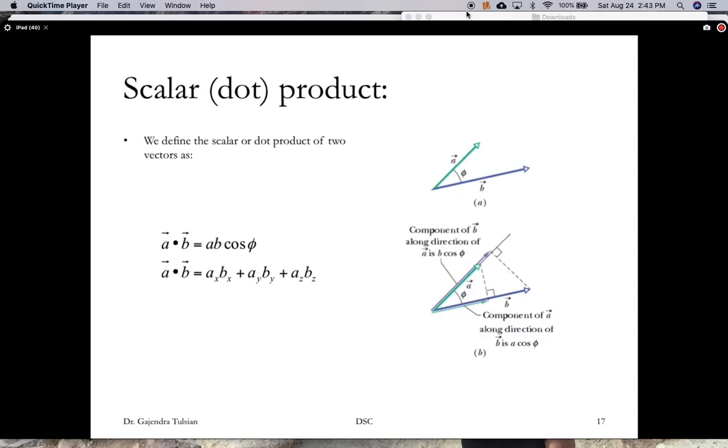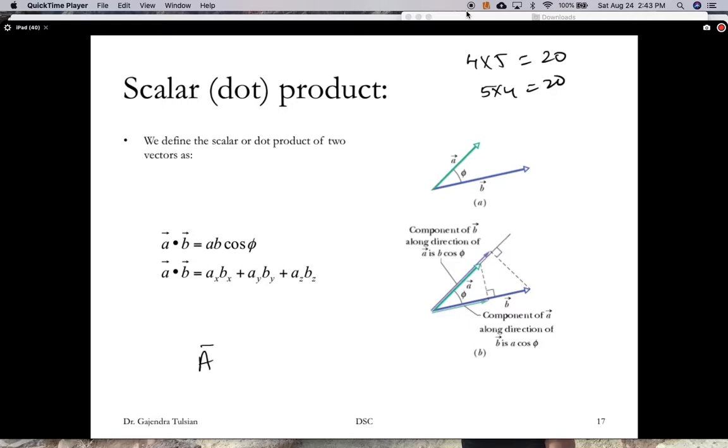Now the last thing we'll learn is how to multiply vectors. Okay, so it turns out when you were multiplying numbers, there was only one way to multiply numbers. 5 times 4 was 20, but when you're multiplying vectors, you can define two different kinds of useful products.